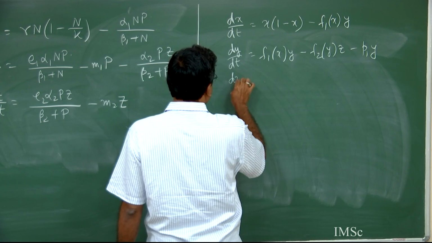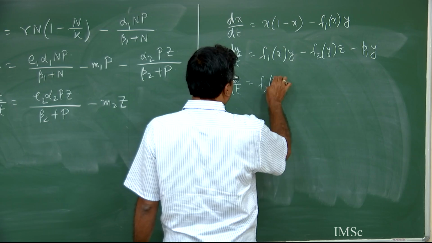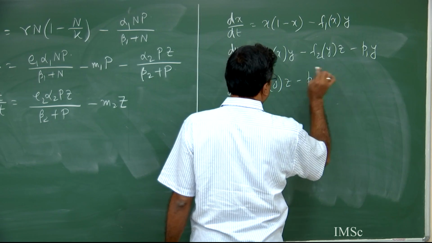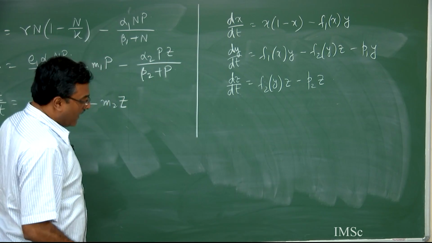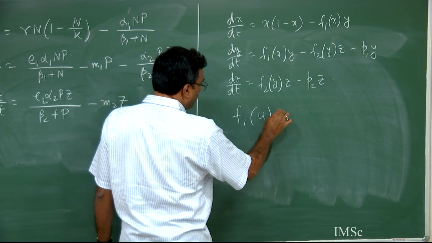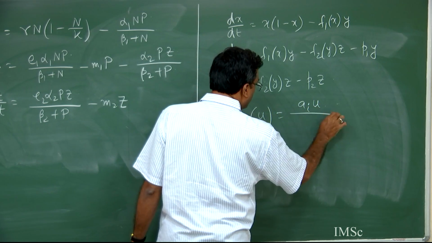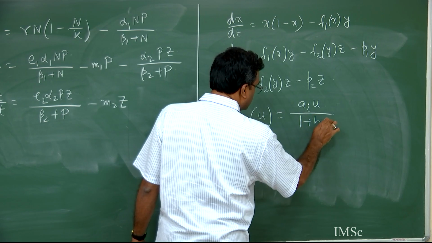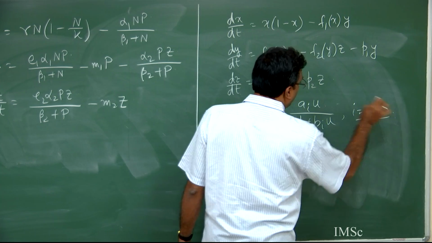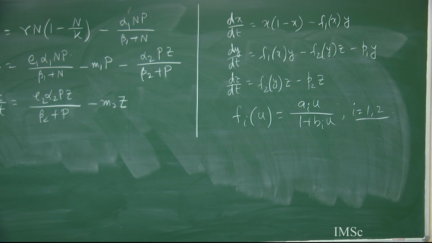and dz dt, this is equal to f2 yz minus p2 z, where this fi, this is defined by ai u divided by 1 plus bi u, where i equal to 1, 2, right.